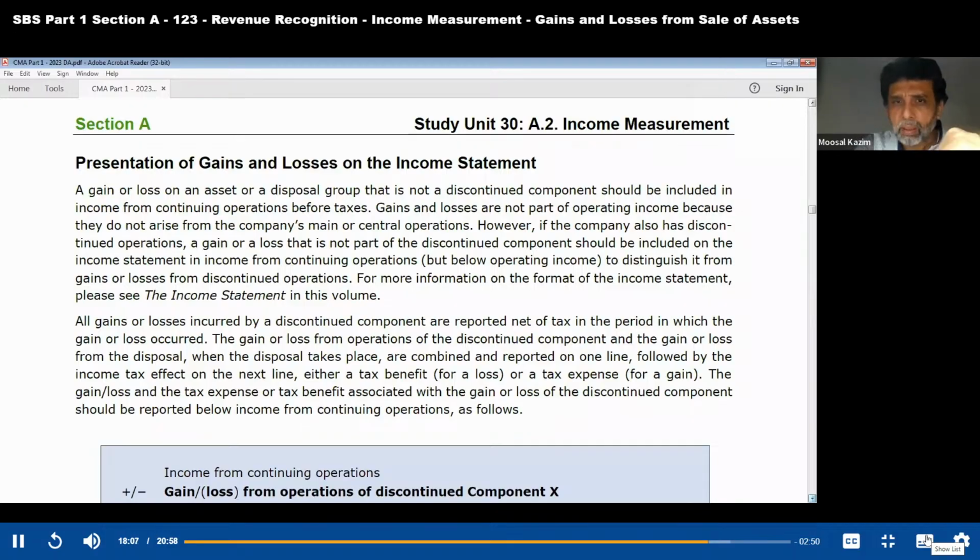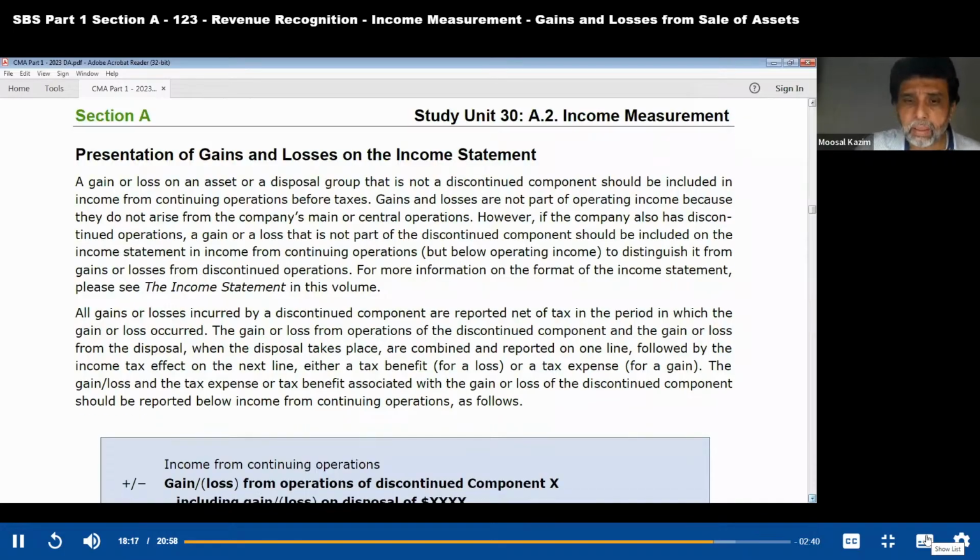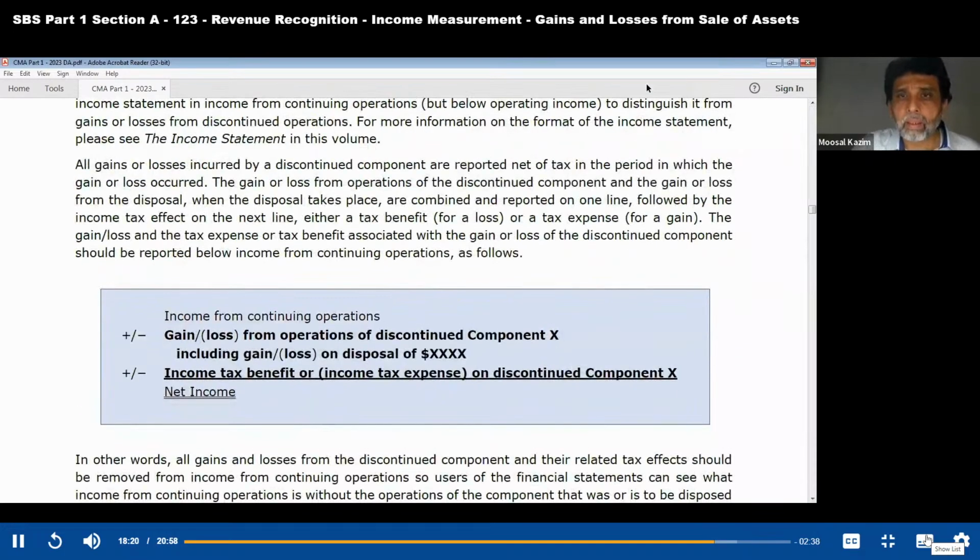You don't have to show income from discontinued operations separately and losses or gains from selling the segment assets separately. You can club it into one, just like they have shown you here. But it should not be shown as a part of income from continuing operations in such a case. So income from continuing operations would include the gains and loss of assets which are sold from the core business, which is not to be discontinued.